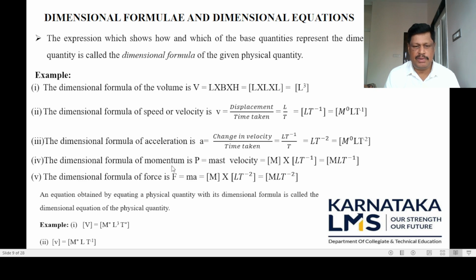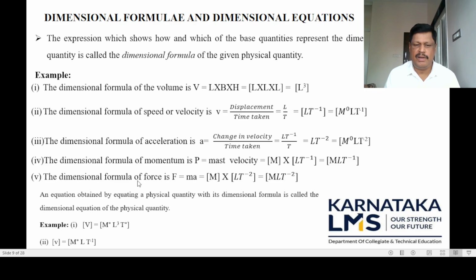Similarly, we can write the dimensional formula for momentum. We know that momentum is equal to the product of mass and velocity. So, mass is represented by capital M and velocity is represented by L T to the power minus 1. So, M power 1, L power 1 and T to the power minus 1 represents the dimensional formula for momentum.